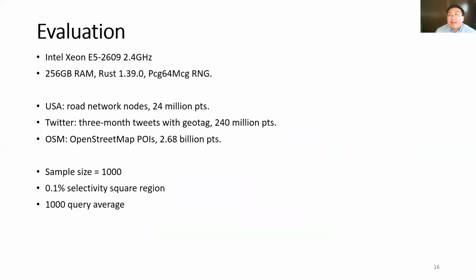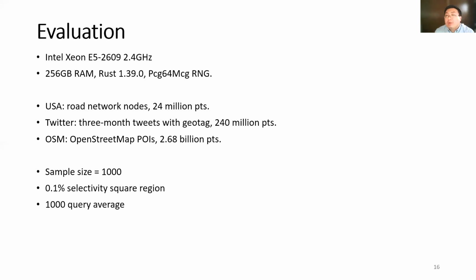Our evaluation is conducted on a server with 250 gigabytes of RAM, and our program is implemented in Rust 1.39 with PCG64 MCG as our random number generator. We experiment with our methods and all the baseline methods on three real-world datasets: the small one is USA road network nodes, which has 24 million points; Twitter has 40 million points; and OSM has 2.68 billion points.